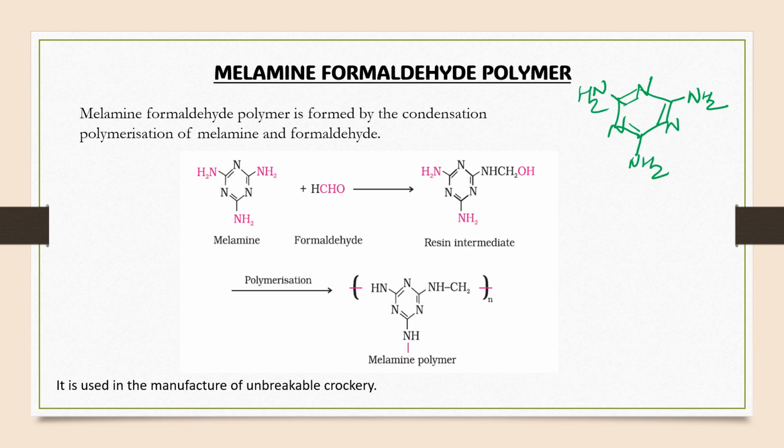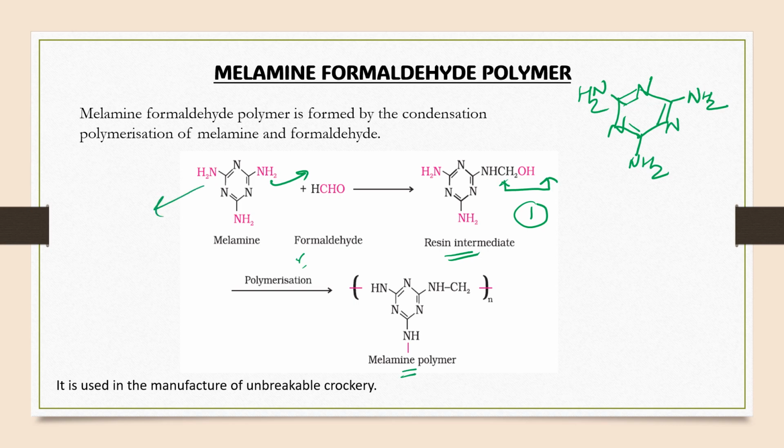Our melamine reacts with formaldehyde. It forms a resin first. So how the resin is formed is, one hydrogen is removed from here and it forms NHCH2OH. This is the one thing. It undergoes polymerization to form melamine polymer. All the vacancies will become free.